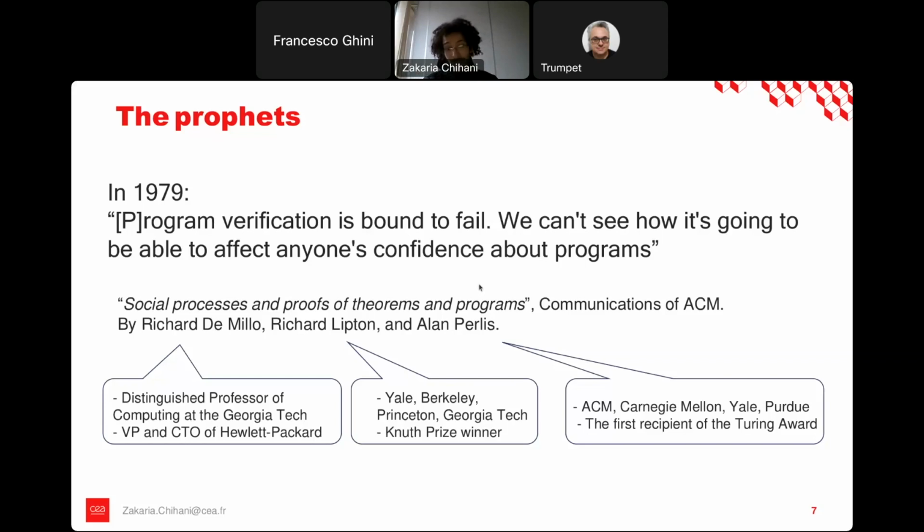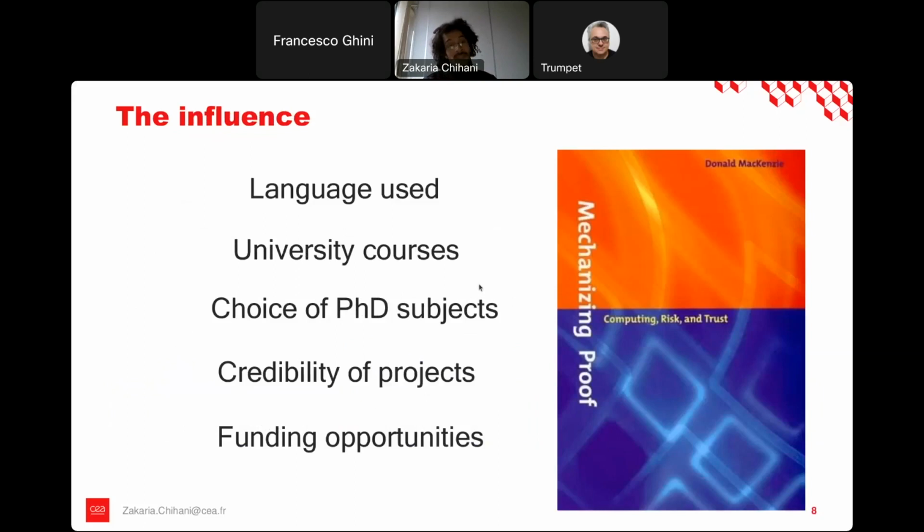But before history changed, this type of controversy actually had an impact on formal methods, on the languages that were used.